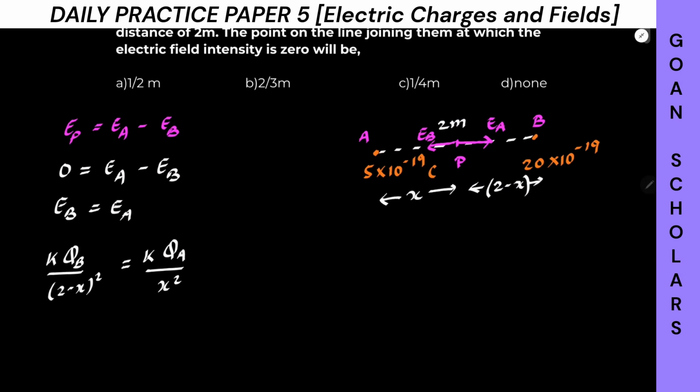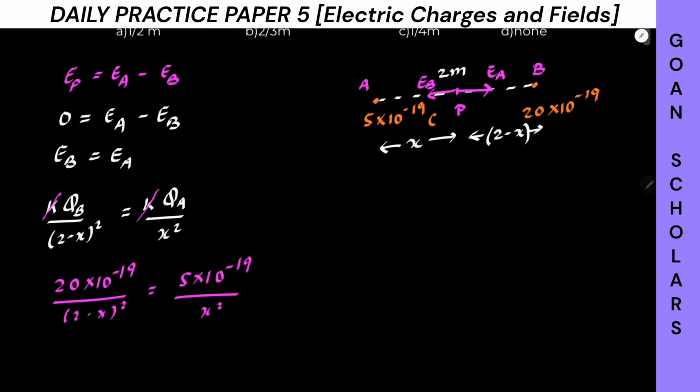Now let's cancel this K on both the sides. And what is our charge on B? 20 × 10^-19 whole divided by (2 minus X) whole square. And this is equal to, what is the charge on A? Charge on A is 5 × 10^-19 whole divided by X square. Great.